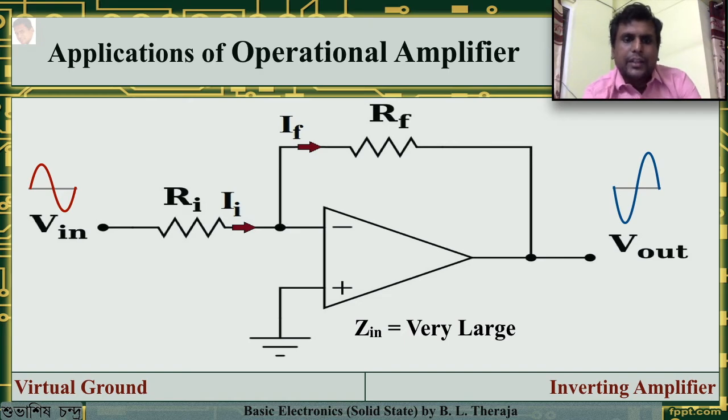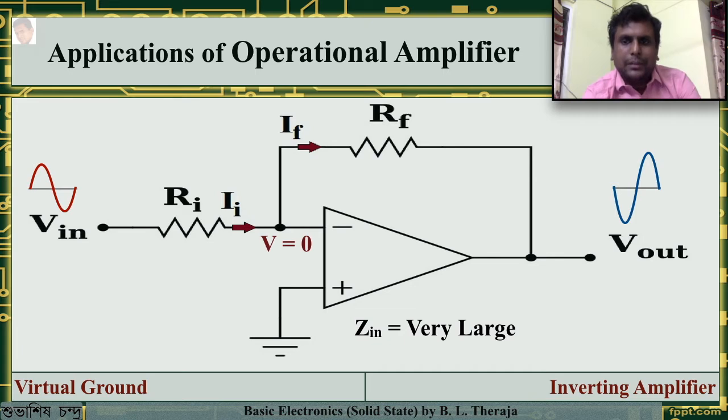This means that the voltage at the inverting input will be equal to the potential at the non-inverting input. Now, the non-inverting input is at ground, that is 0 volt. So the input at inverting is also at 0 volt. This is called as the virtual ground.